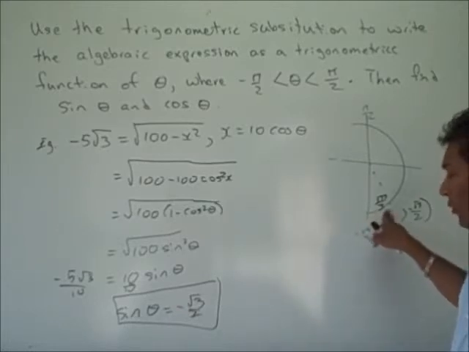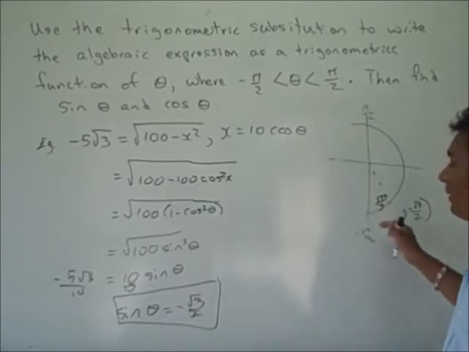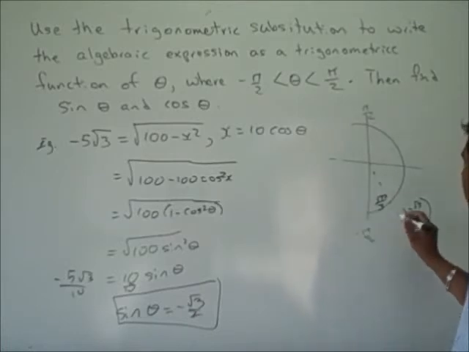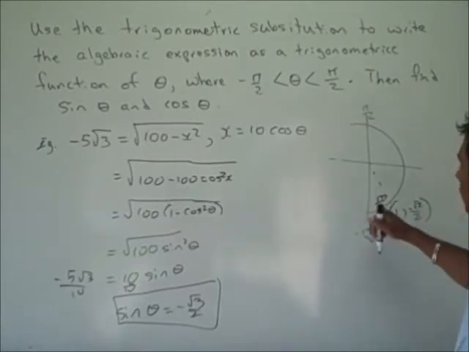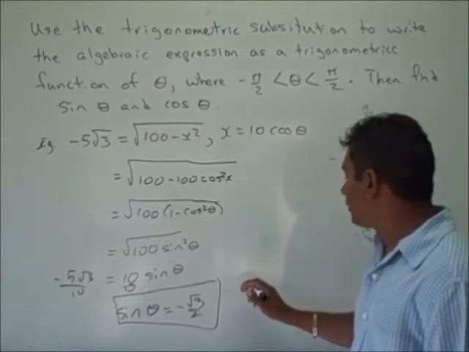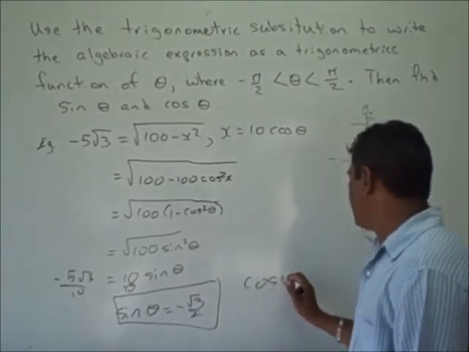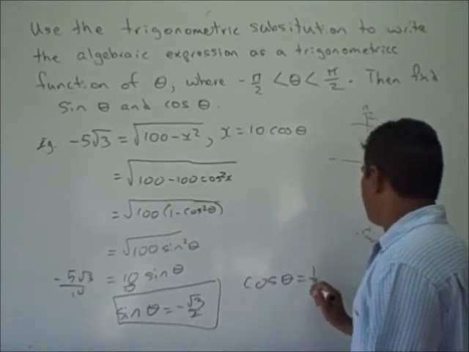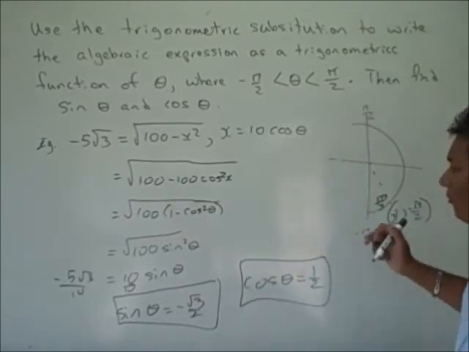For 5 pi over 3, we know the corresponding cosine value is 1/2. So the cosine of 5 pi over 3 is 1/2. So the cosine of theta would be 1/2, since theta is equal to 5 pi over 3.